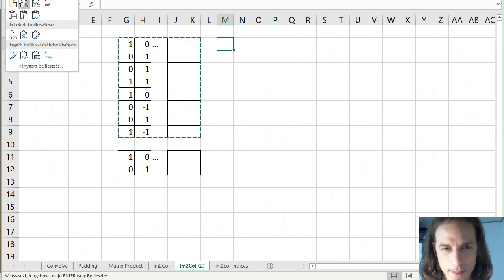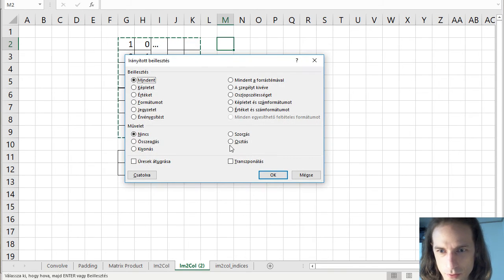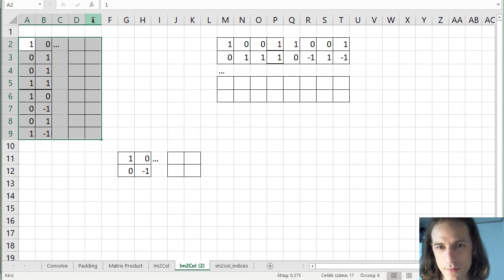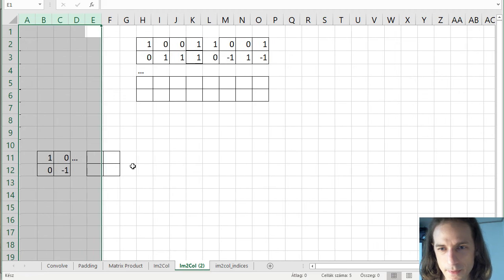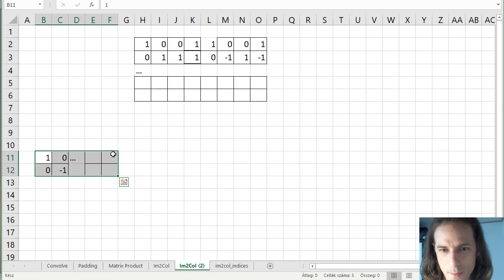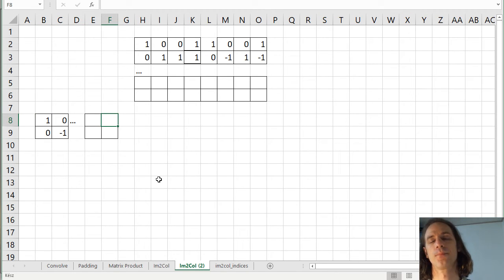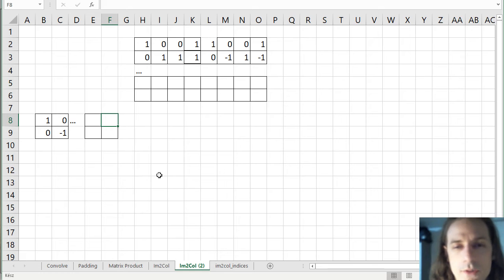Let's see. So transpose, and then I can just get rid of this. So I transposed it. Now you can see that the dimensions are matching up for a matrix multiplication.